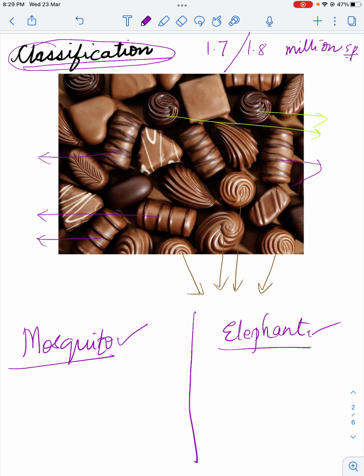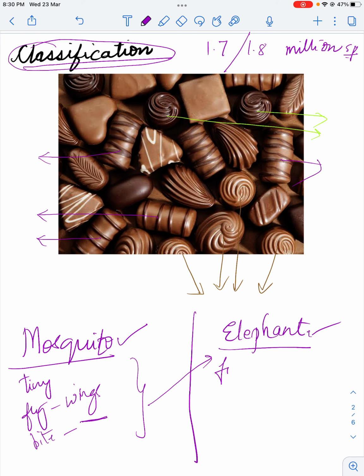So when I ask you to think of a mosquito, you'll think of something which is tiny, which can fly, that will have wings, right? And it will be biting you, obviously, not with the teeth, but with some sharp, pointy proboscis kind of a thing. And you're definitely not going to imagine an elephant, because an elephant has totally different characteristic features.